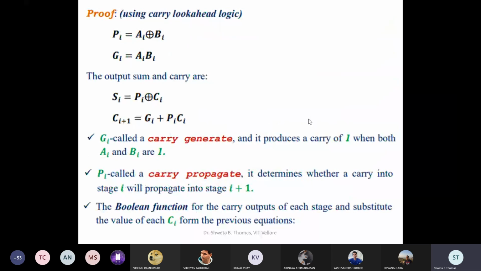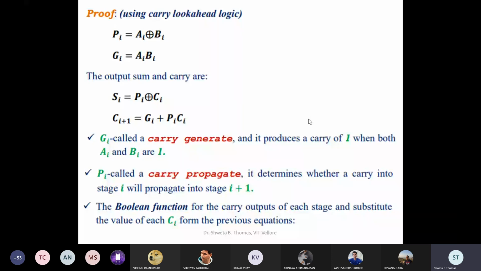Here Pi, Gi, Si, Ci+1 are already given to you. We will talk about this next class also and revise some portion, because the next topic is already related to this topic. At the same time, you also revise it once again from the book by Morris Mano.